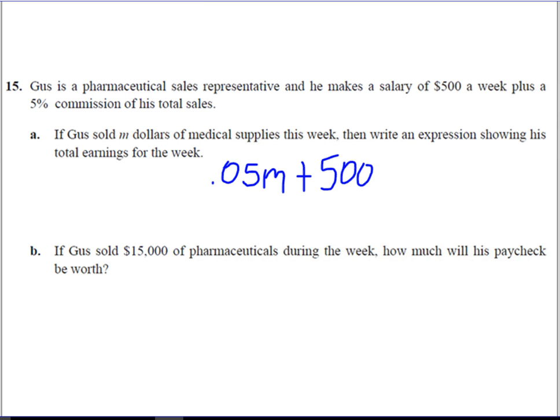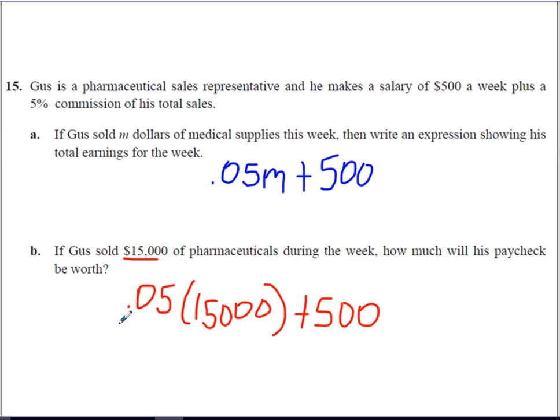So for Part B, they're going to tell us that the M value, how much he sold, was $15,000. So let's see how much extra he gets in his paycheck. So we'll have to do 0.05 for 5% times that $15,000. Did I say 1,500 last time? I did. I'm sorry. 15,000 plus the 500.